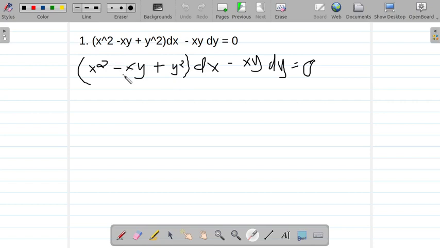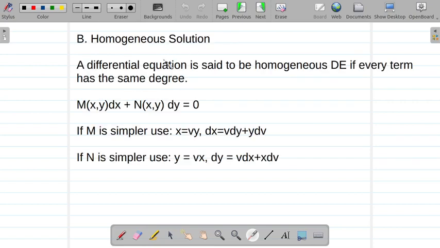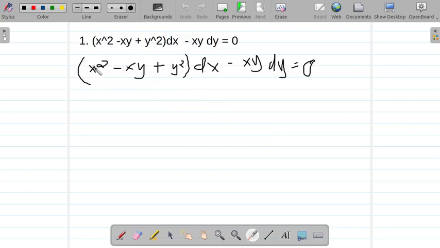Pero ang atong na-notice is based sa iyahang definition nga dapat kung dili nimo ma-separate ang x in terms of dx ug ang y in terms of dy, pero ang degree sa equation is same, which is kani x to the power of 2, so na siya degree nga 2, x to the power of 1, then y to the power of 1.